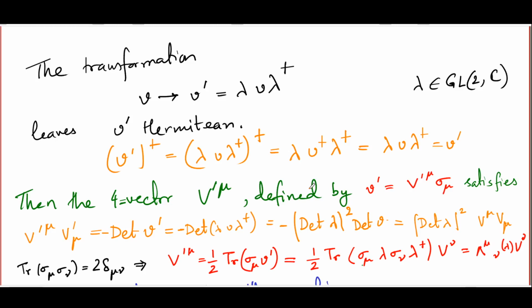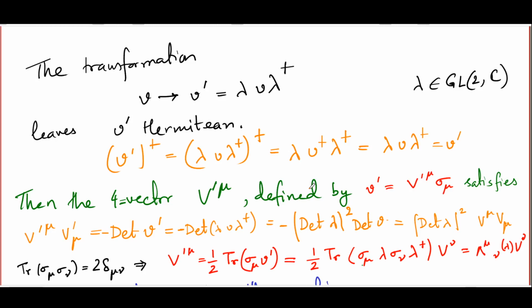And since sigma mu V prime can be written down as sigma mu lambda V lambda dagger, we can easily see that V prime mu essentially is V nu times a bunch of coefficients lambda mu nu, which of course depends on lambda, summed over nu. And lambda mu nu of lambda can be easily read off from the formula as half of trace of sigma nu lambda dagger.